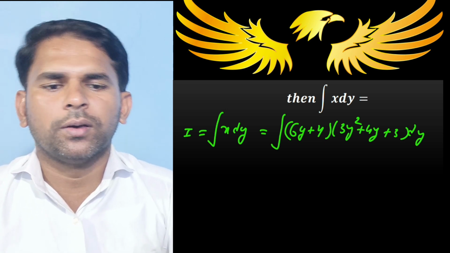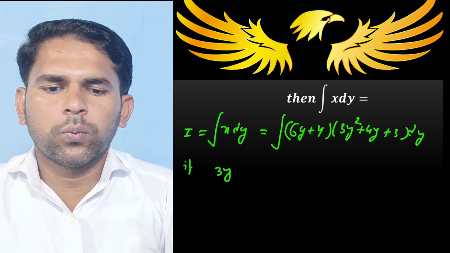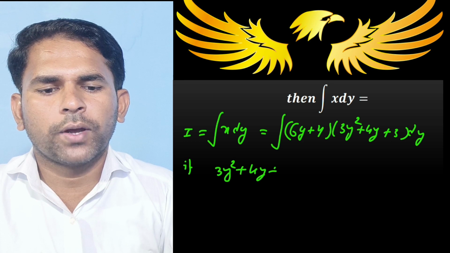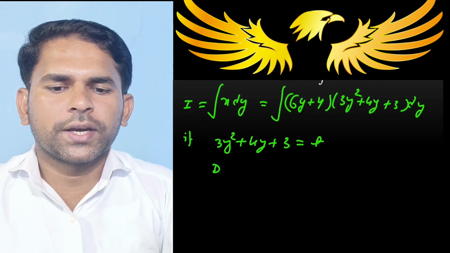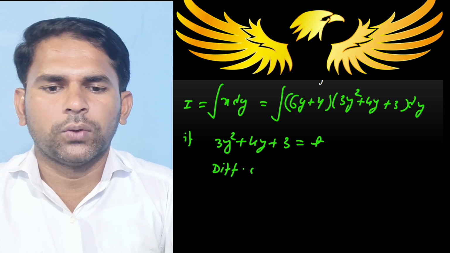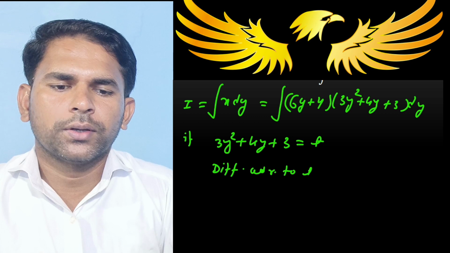Whenever a situation like this comes, we can consider 3y square plus 4y plus 3 is equal to t. Now we are going to differentiate this function with respect to t.